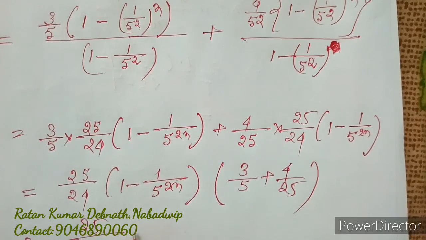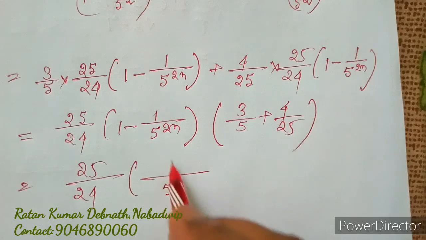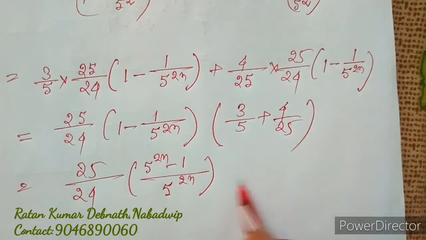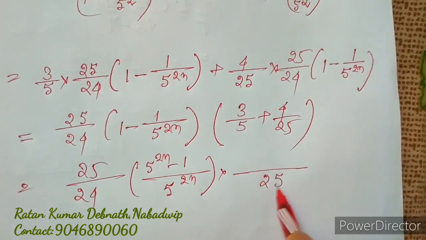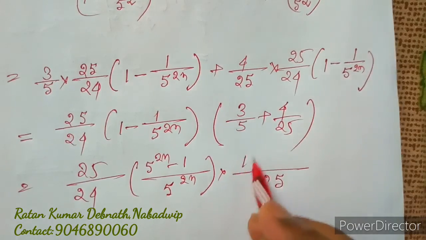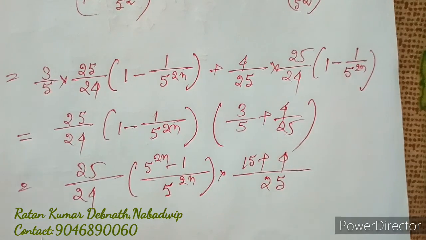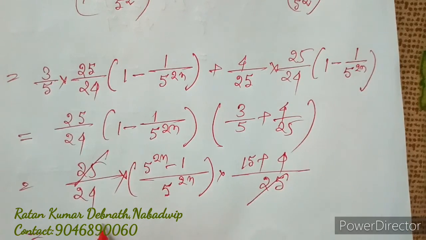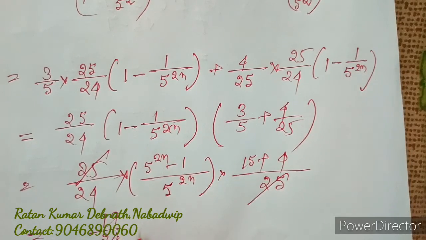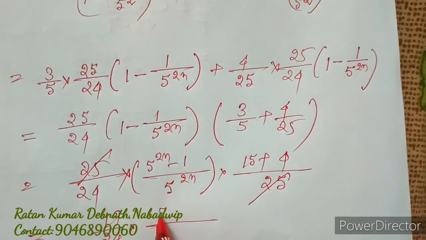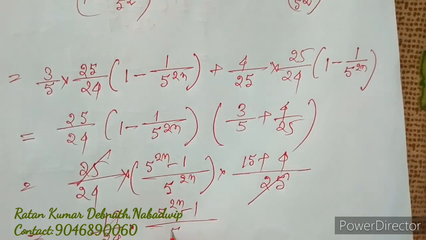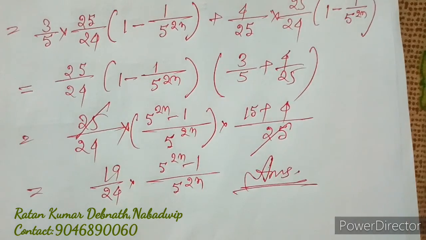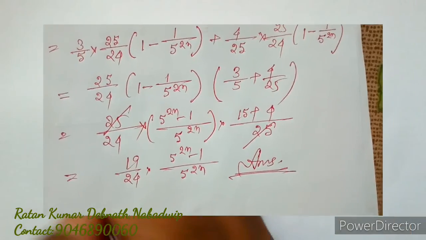LCM is 25, so 15 plus 4. 25 cancels, so 19 by 24, which is the sum of the given series.